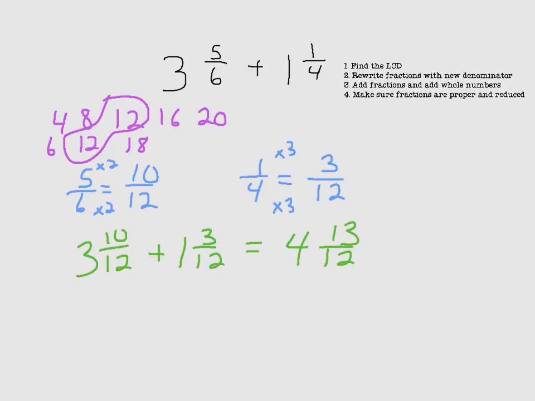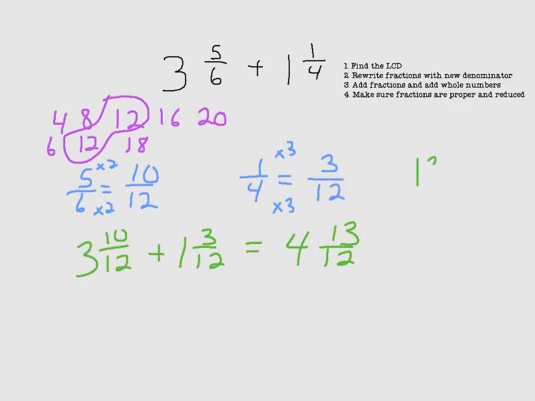All right, our last step is to make sure the fractions are proper and reduced. Well, 13 over 12 is not proper because it's bigger than 1, or 13 is greater than 12. So we're going to make it proper. 13 over 12, well, that's a whole group of 12 and then one extra 12.